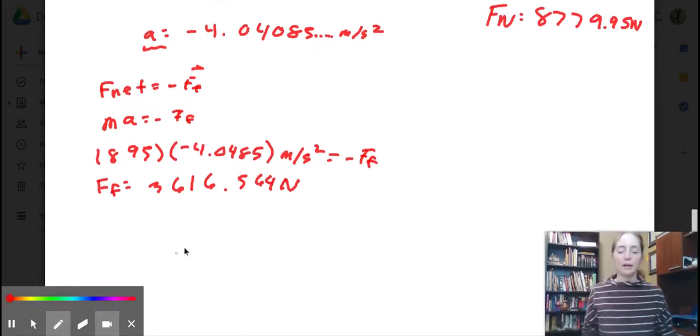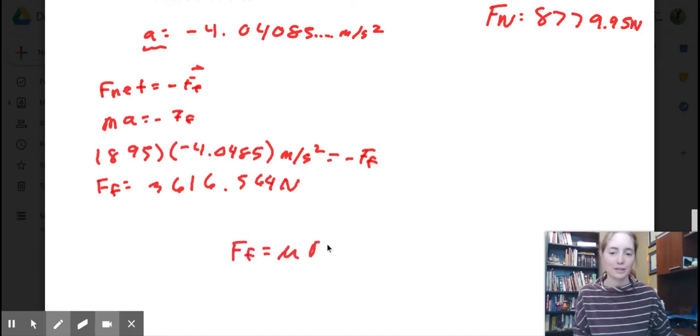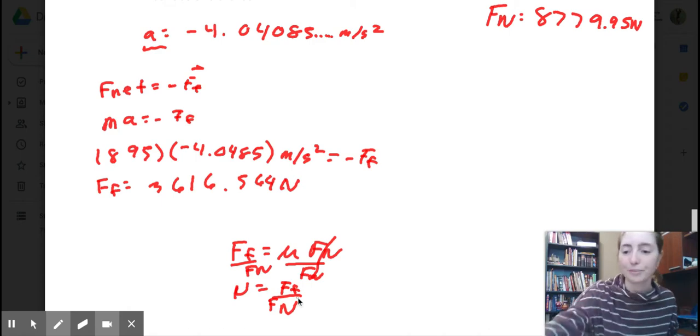Okay. Well, now that we have our force of friction and we have our Fn, we can now calculate our mu. So my force of friction is equal to mu Fn. I'm going to divide out my Fn on both sides to get my mu. So mu is going to equal force of friction divided by my normal force.